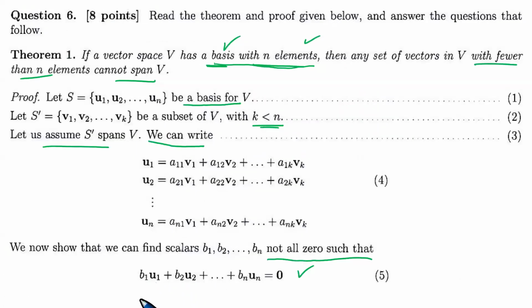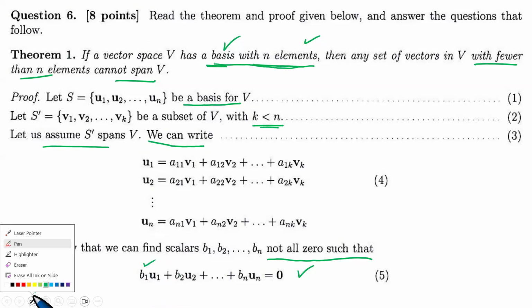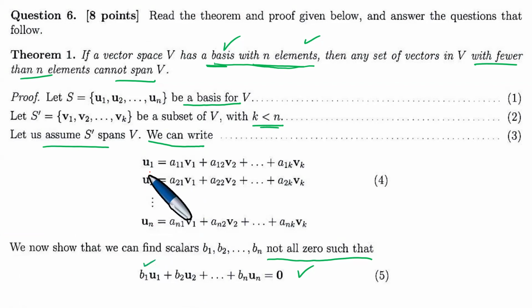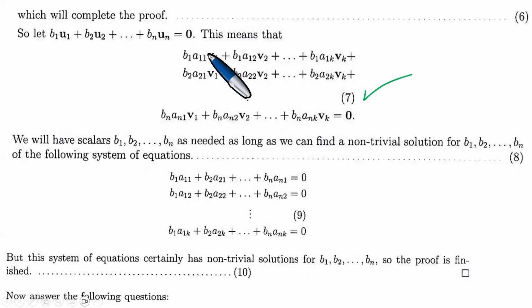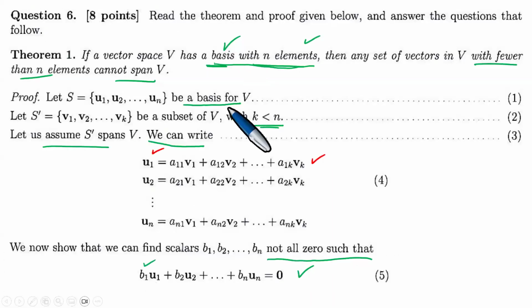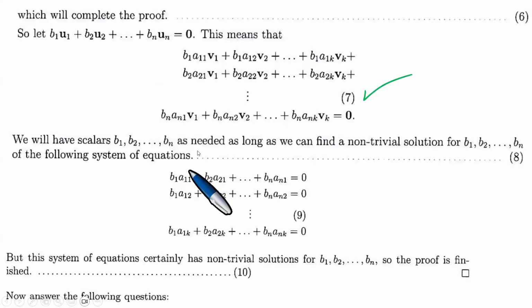It's coming from here, because if you look at these, there's going to be B1, and then you substitute all these. Okay, and this is like K terms. So if you substitute this, it's going to be B1 A11, then B1 A12, the last one B1 A1K, B2 A21, and so on and so forth.